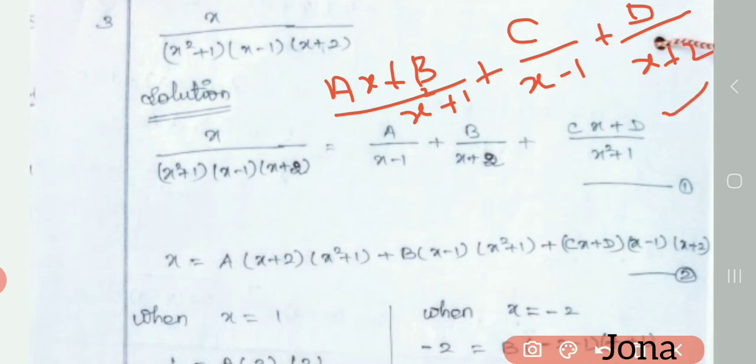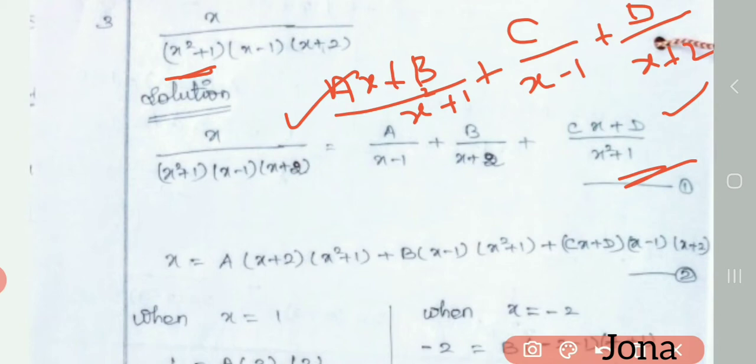This is also correct. Instead of taking the first factor as the third one, I can keep it as it is in the place of 1. I can write like this also: (ax plus b) by (x square plus 1) plus c by (x minus 1) plus d by (x plus 2).